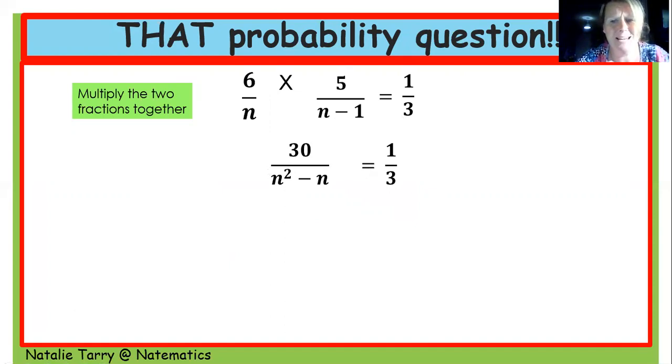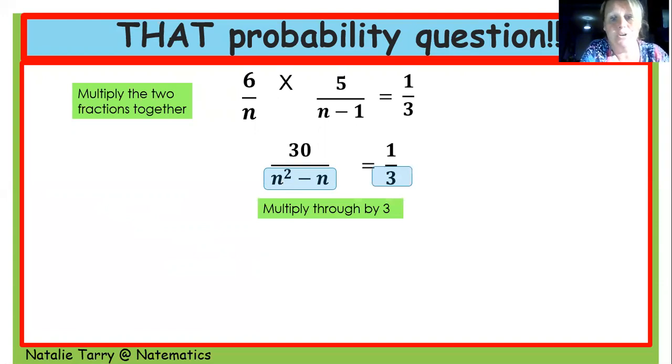So think about, well, actually, what we're looking towards is it doesn't have a fraction in it at all, does it? So we need to get this off the bottom, and we need to get this off the bottom. So we multiply through by 3 and n squared minus n. I've actually done it one step at a time here, or you could do it in one go if you want to. Okay, so we multiply 3 by 3.